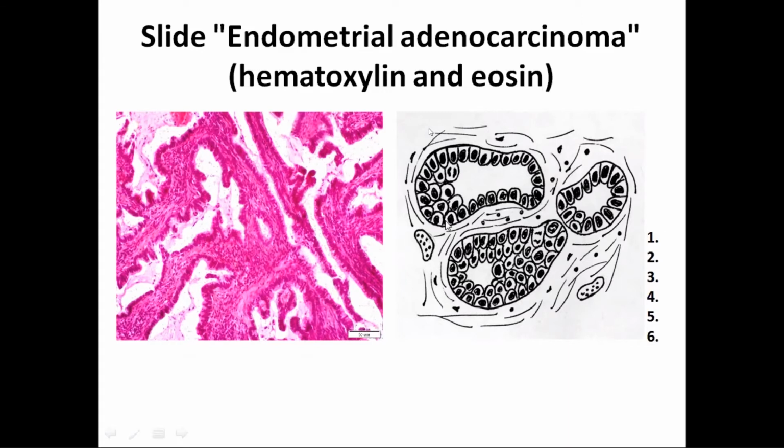In the norm, all cells sit on the basal membrane. In the malignant tumor, cells lie on each other. Number 4, mitosis. These are cells with mitosis.